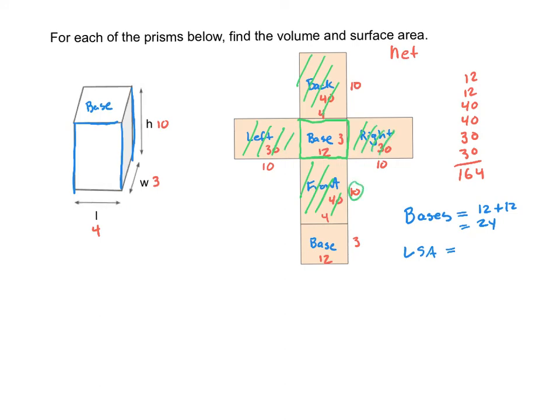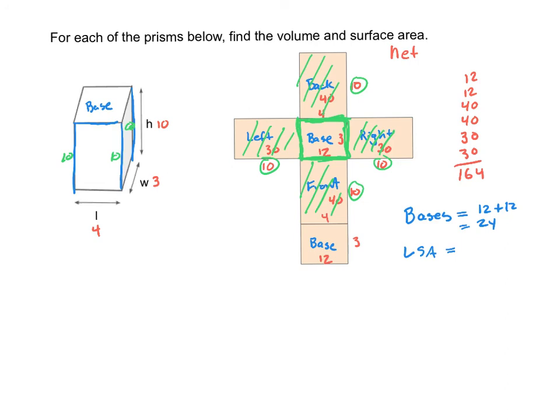Notice that they all have the same length. And the reason for that is that's going to be the same as the height. So if you went around to each edge on your prism, they're all going to be the same. So the only thing that's different is what's the length and the width of that. Well, instead of doing these separately, we can make a little shortcut and do it all at once.